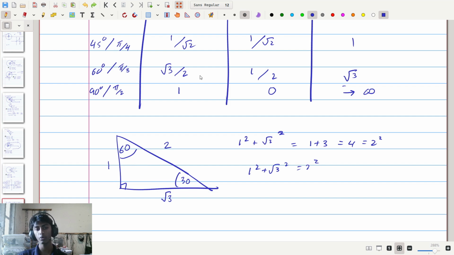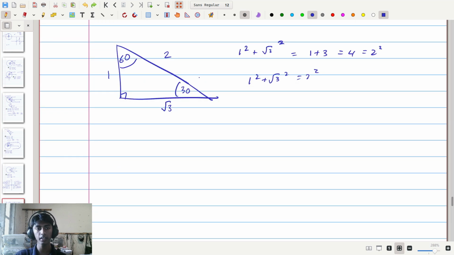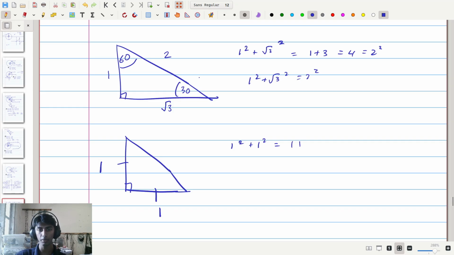The other triangle we want to consider here is the triangle that is such as this. A triangle which is an isosceles triangle. Both of these lengths are equal and we have a hypotenuse here. If this length is 1 and this length is 1, then we have that 1 squared plus 1 squared is hypotenuse squared, which is 1 plus 1, which is 2. So whatever this number is, let's call it a.